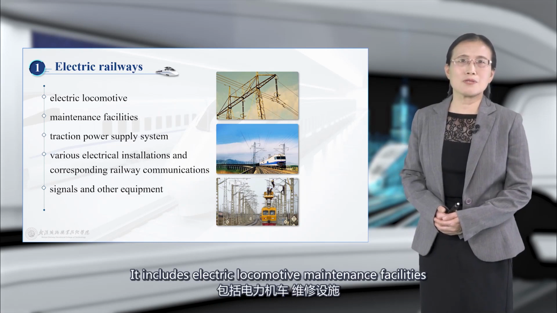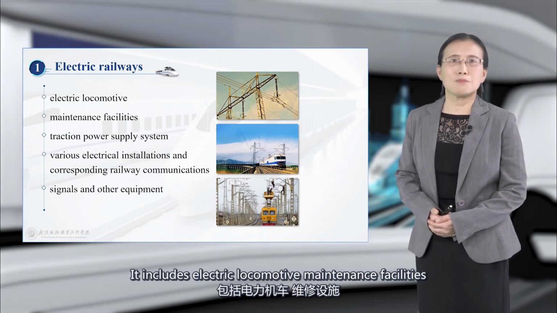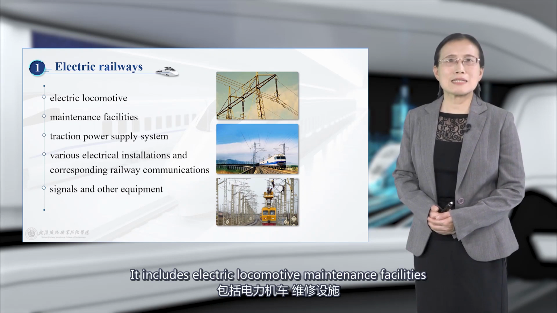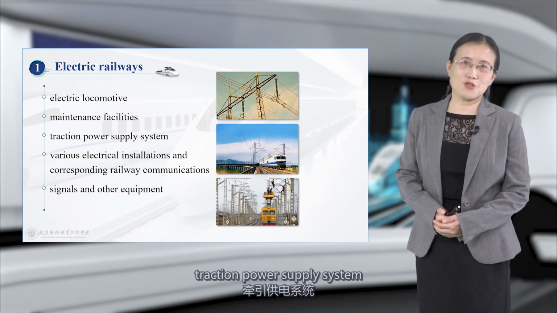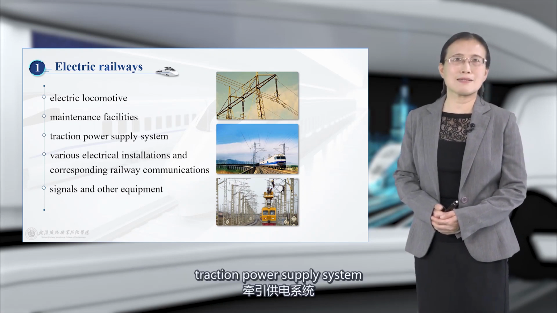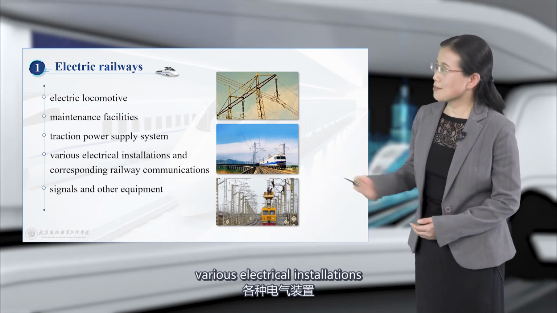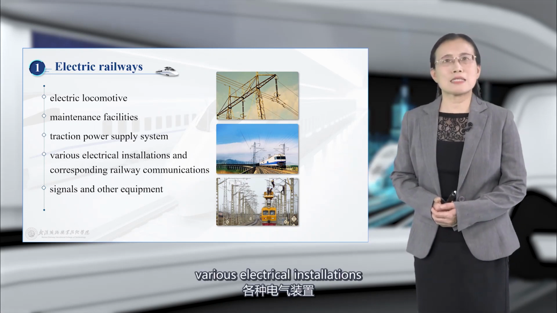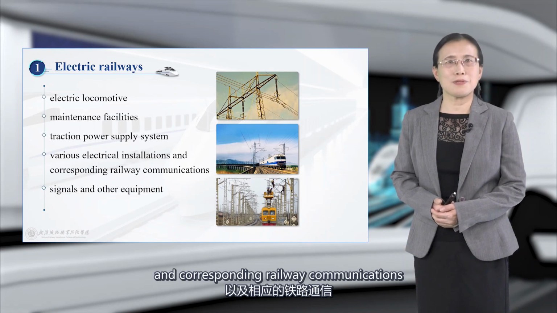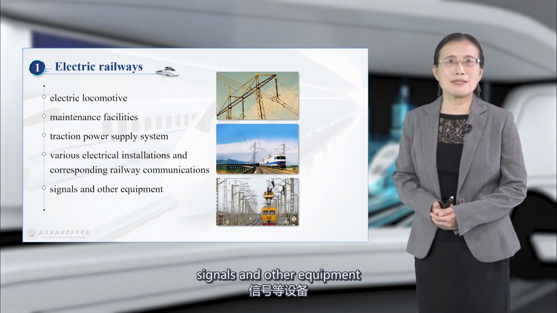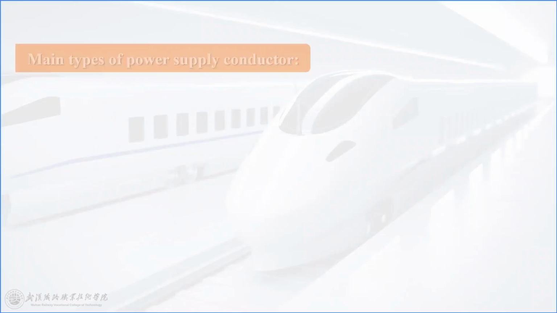It includes electric locomotive, maintenance facilities, traction power supply system, various electrical installations and corresponding railway communication, signal, and other equipment.